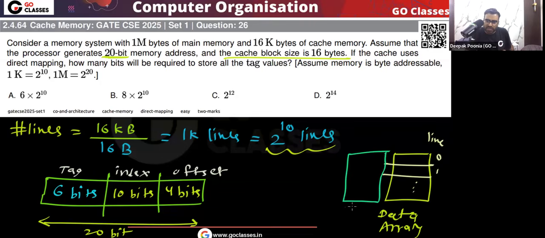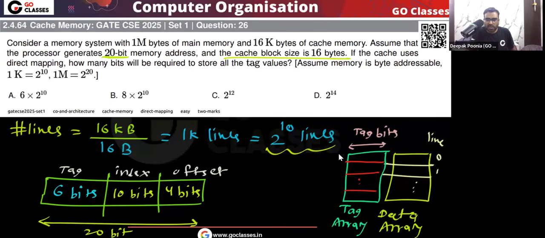Okay, so this is the tag directory, or I can say tag array. In the tag array, remember, corresponding to every line, we store a tag. So we store a tag here. So please understand, these are basically your tag bits. Okay, is this clear?